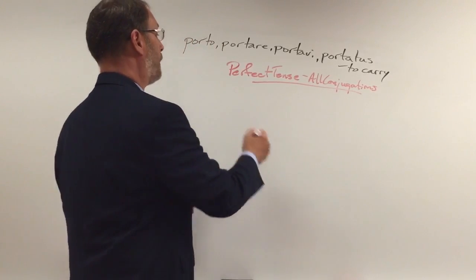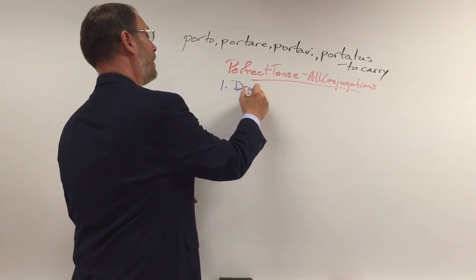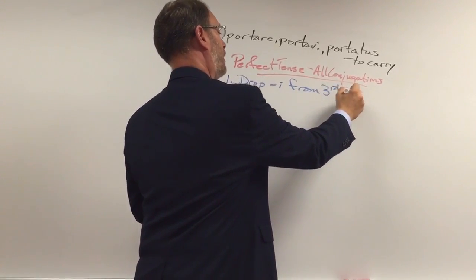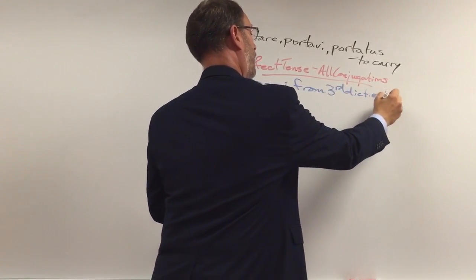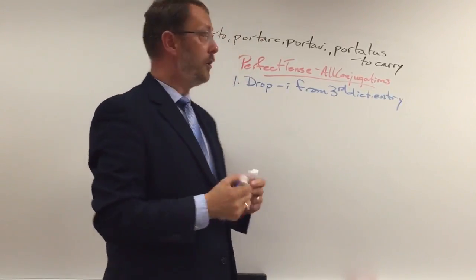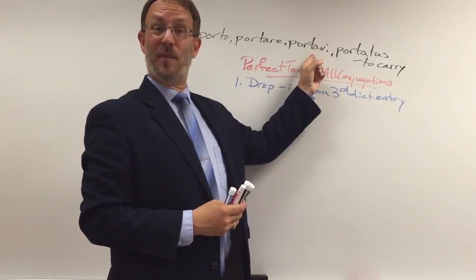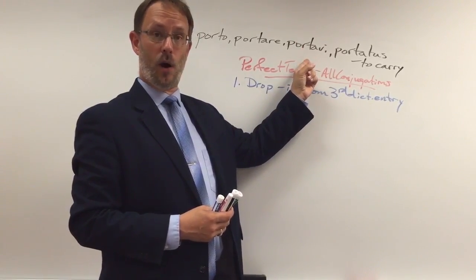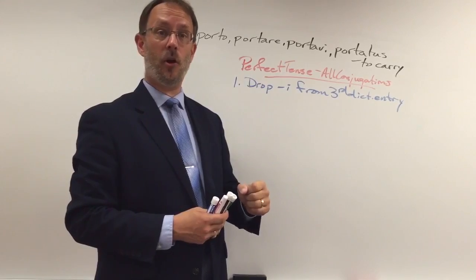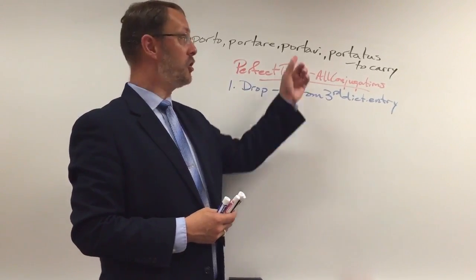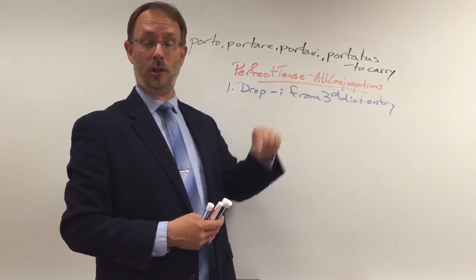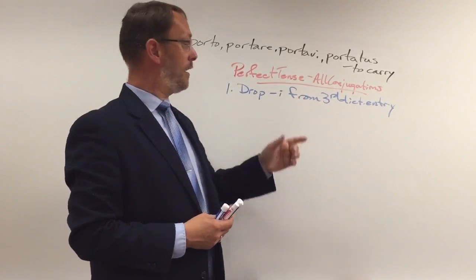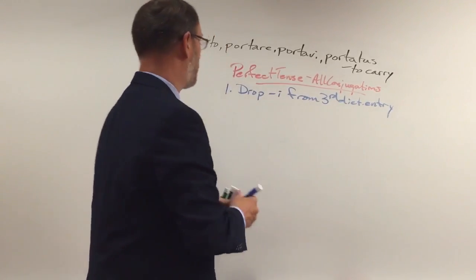So step number 1, drop I from third dictionary entry. Okay? Notice the third entry ends with an I. Think about other words. Specto, spectare, spectavi, spectatus, to watch. Or maybe a second conjugation verb, doceo, docere, docui, with an I, doctus, to teach. All third dictionary entries end with an I. And your first step is to drop that off.